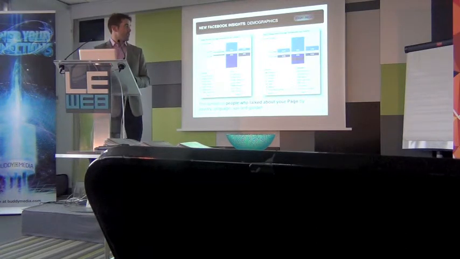What you're seeing on the right hand side is the same, but it's mirrored based on the interactions and the engagements. So you can actually see, and in this case this was for an FMCG client, that if you have a look at the audience for the 13 to 17 year olds, that makes up just under 5% of the overall audience.